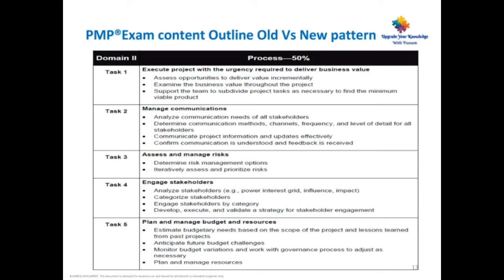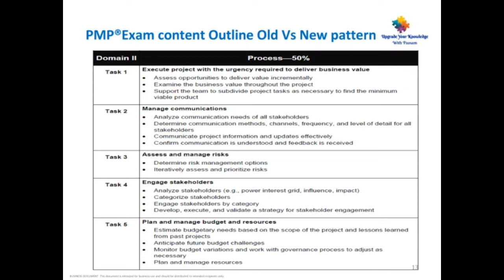See, this is communication as a knowledge area. In the old pattern, they were divided across all the domains from planning, executing, monitoring and controlling, and then closing. Here they brought it under the process domain itself.